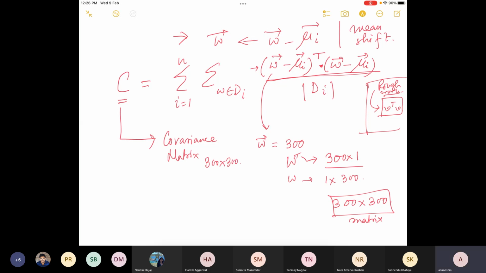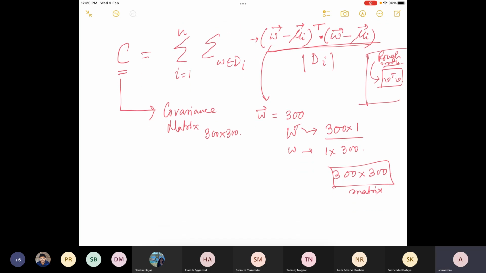Now, why are we suddenly interested in this covariance matrix? Before that, I give you the answer. Why did we compute this C?